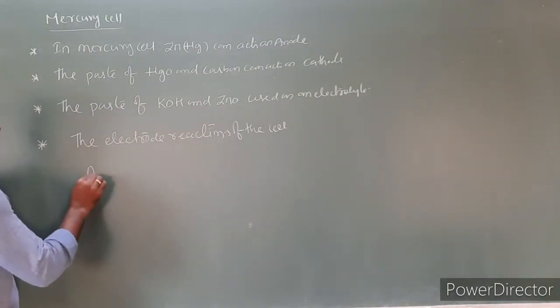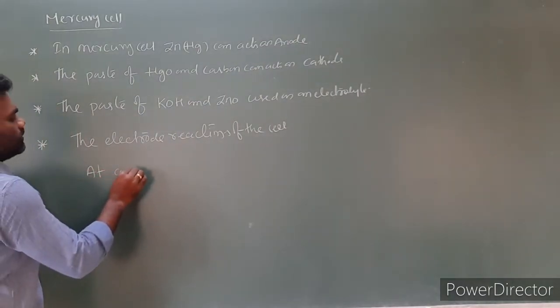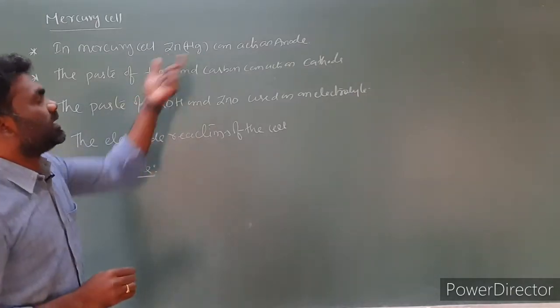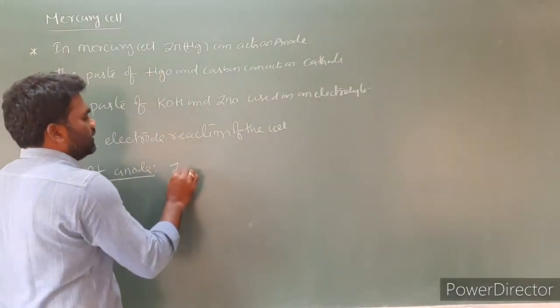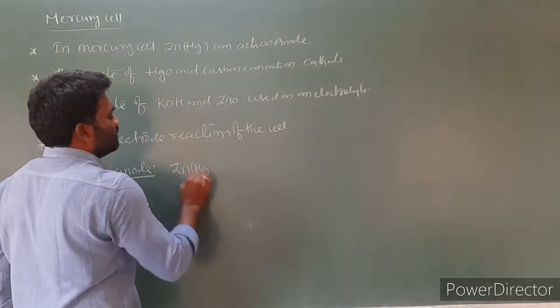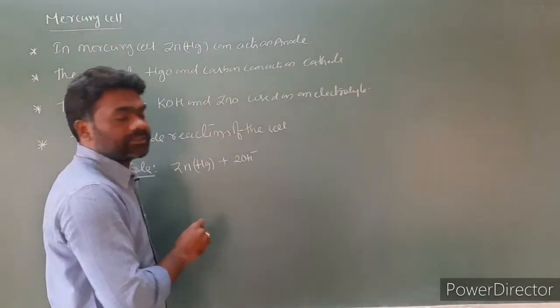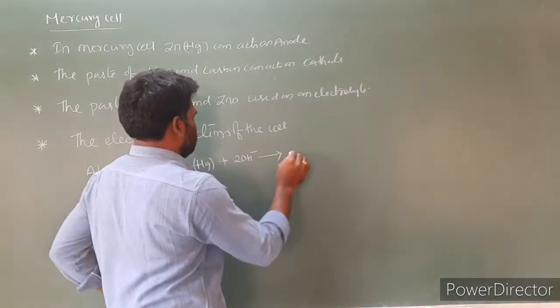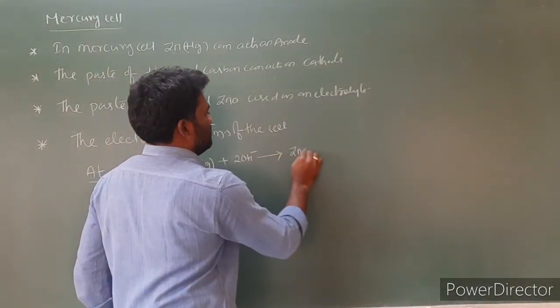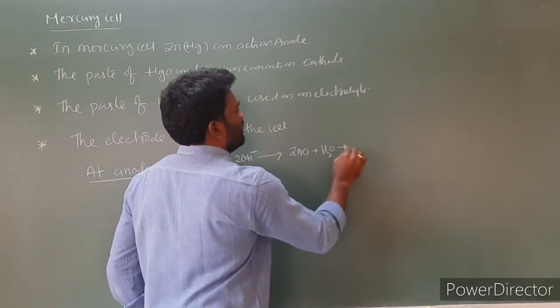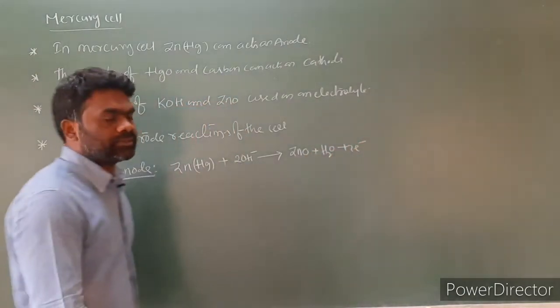First I am taking the anode. At the anode we have zinc mercury amalgam, ZnHg, plus 2OH minus, which gives ZnO plus H2O plus 2 electrons.